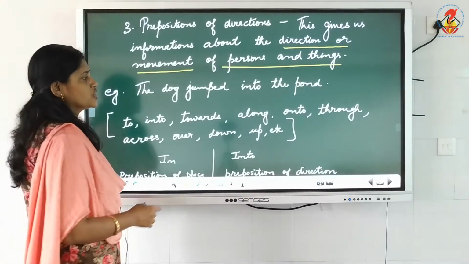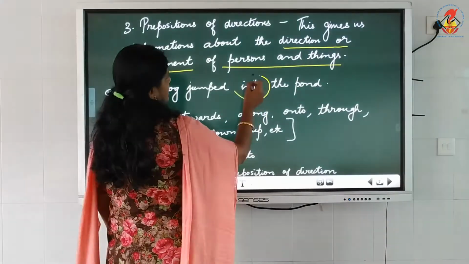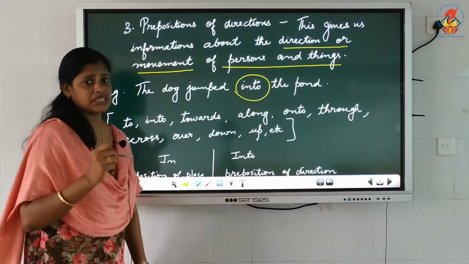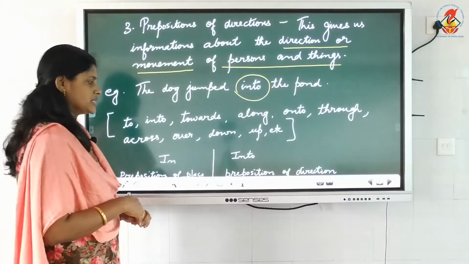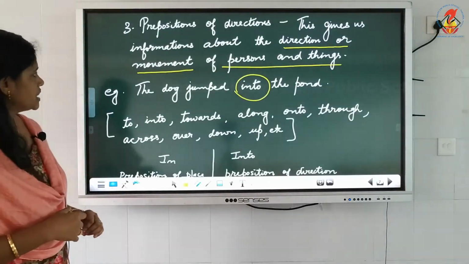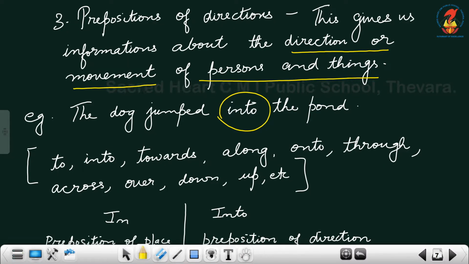The dog jumped into the pond. It jumped into, there is a movement, isn't it? So it is called a preposition of direction. The words which come under prepositions of direction are to, into, towards, along, onto, through, across, over, down, up, etc.